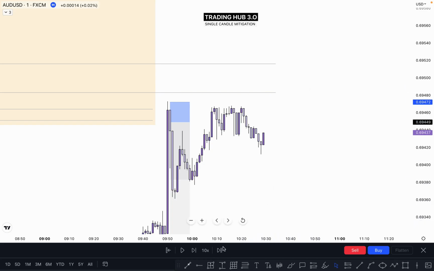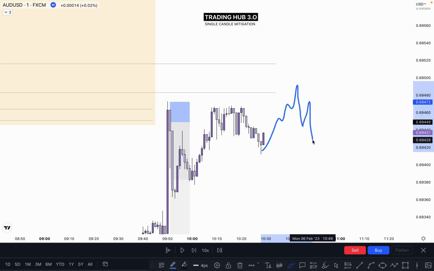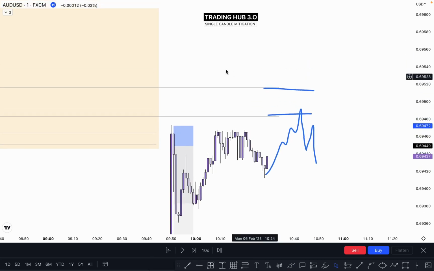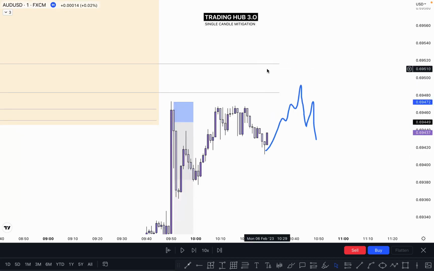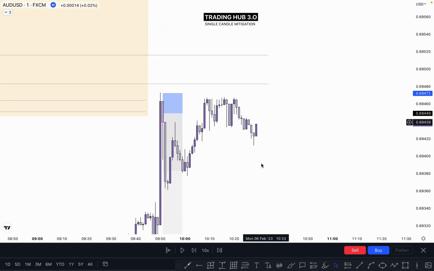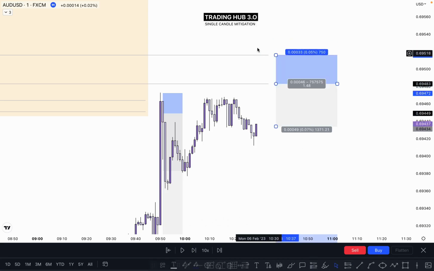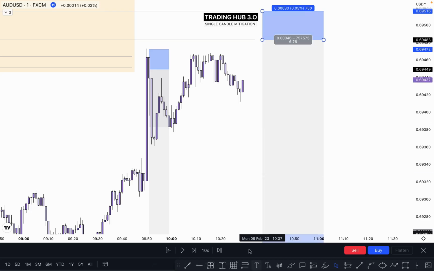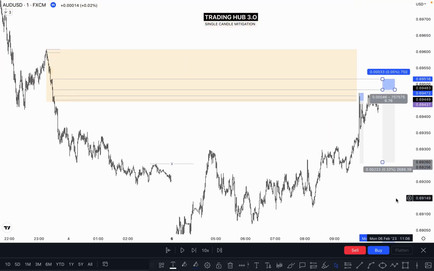So how can you deal with this price? If price taps here, then you have to wait for it to mitigate this one, and at least wait for a single candle order block, then you can sell here. If you are willing to sell here directly, and for example you have only one POI, then how can you sell here? In that case, you can directly sell at this price and simply place the sell limit here, put the stop loss just above it, and target the major 15-minute low, which is here, correct?